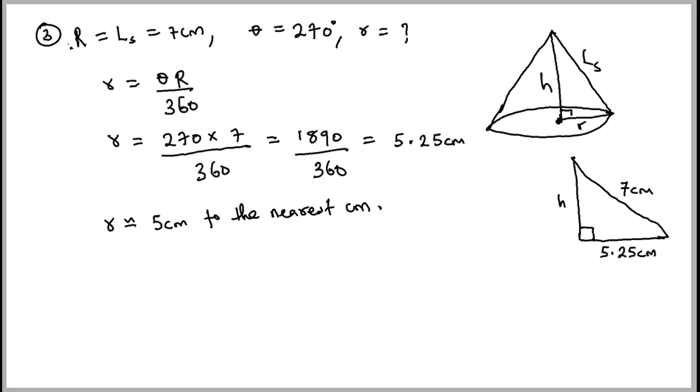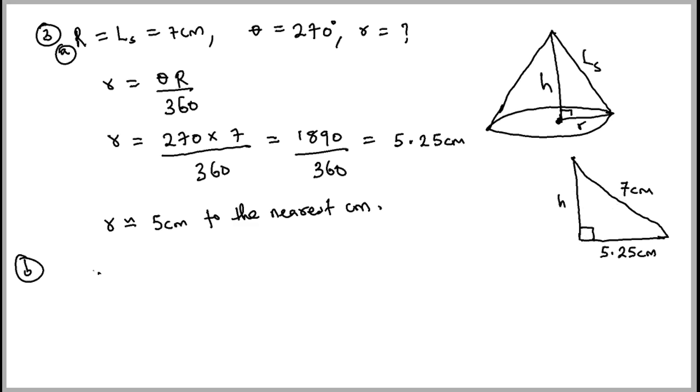So what does this theorem state? This theorem states that in a right angle triangle, the square of the longest side equals the sum of the squares of the other sides. What is the longest side? Any side opposite angle 90 is the longest side.